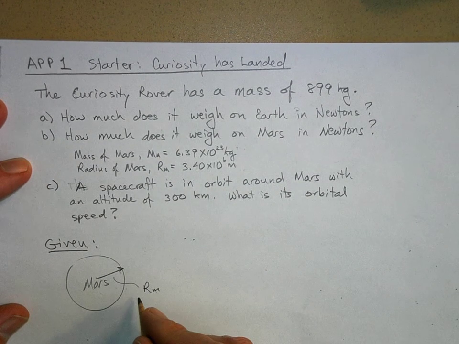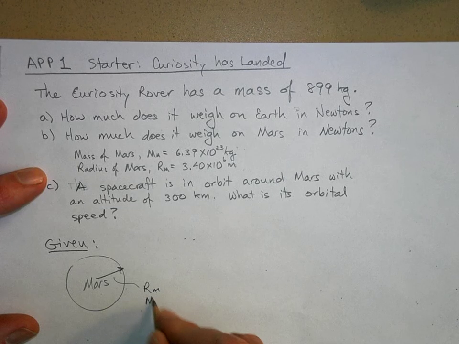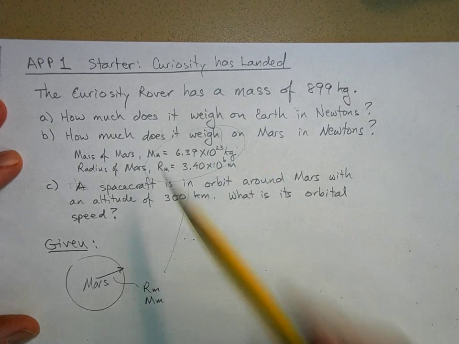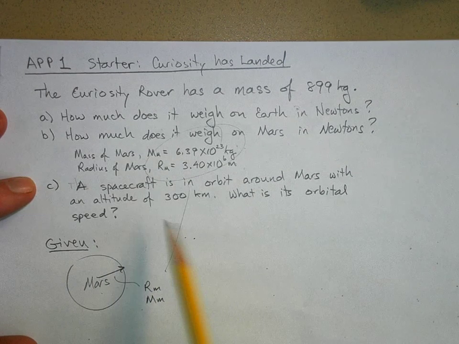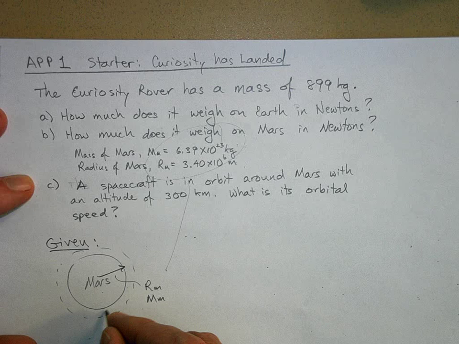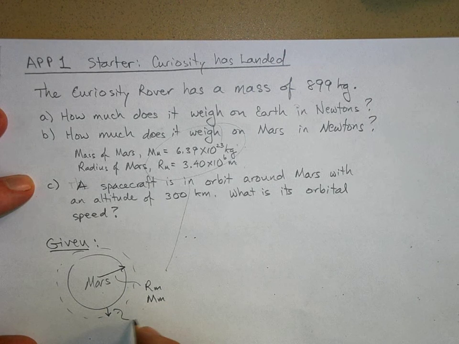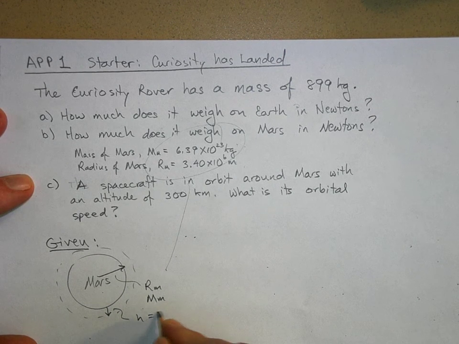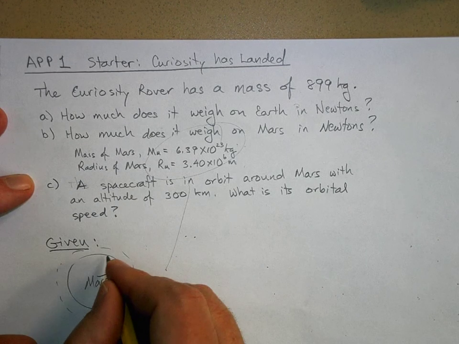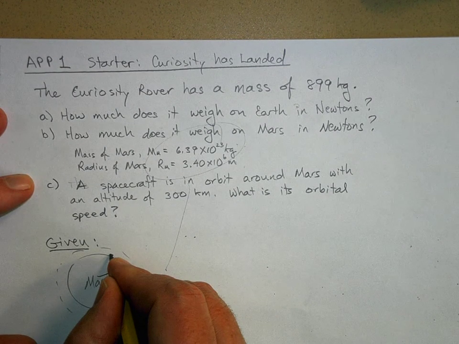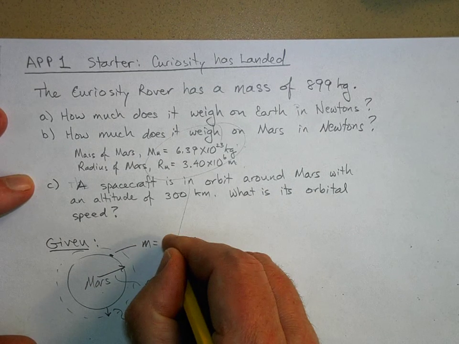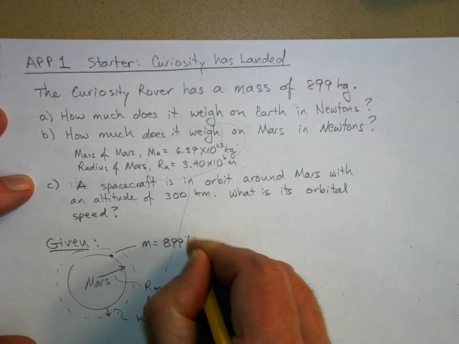And then we're given its mass, and I'm just going to refer to that. I don't want to rewrite those numbers. And then we have a satellite that's in orbit, and its height above the surface, h, is 300 kilometers. And then the Mars Reconnaissance Orbiter, I'll just draw it like a little thing right there. It has a mass of 899 kilograms.